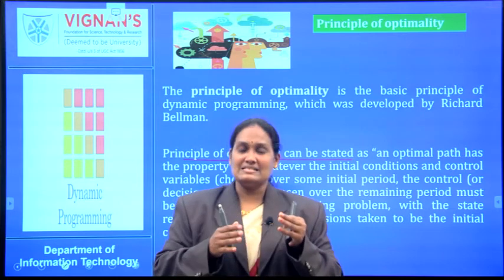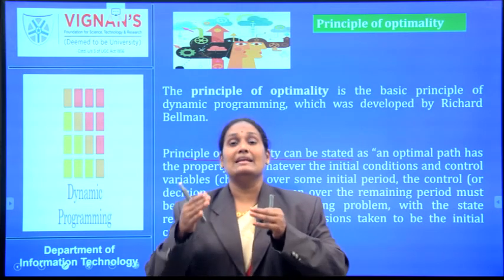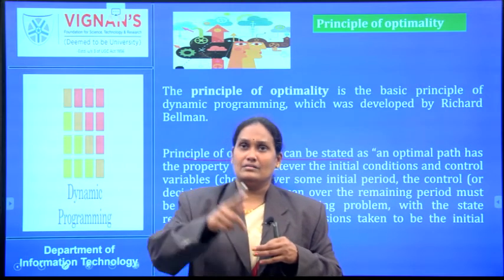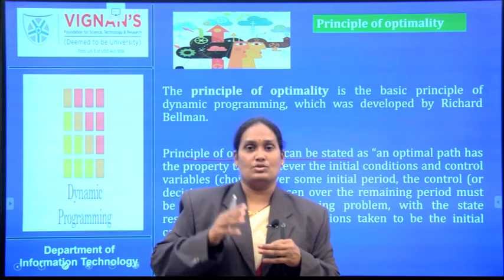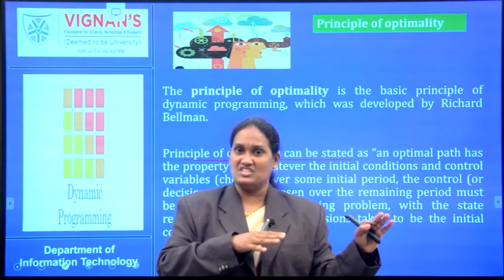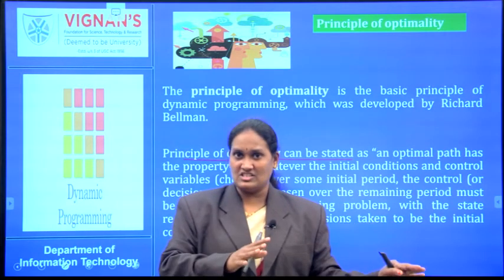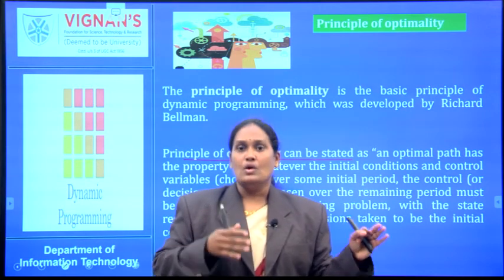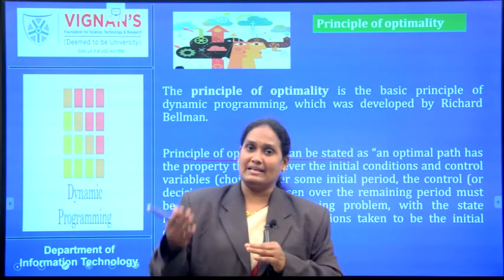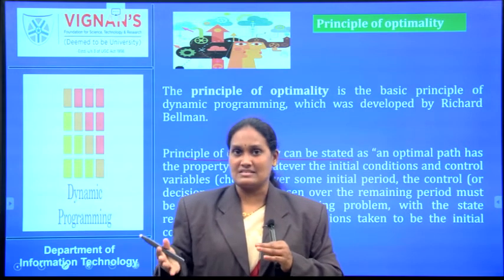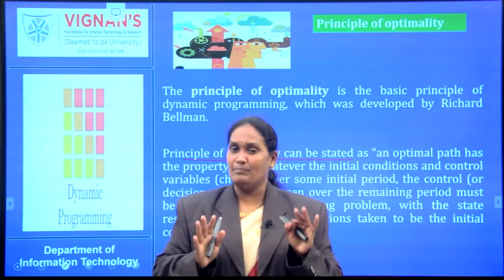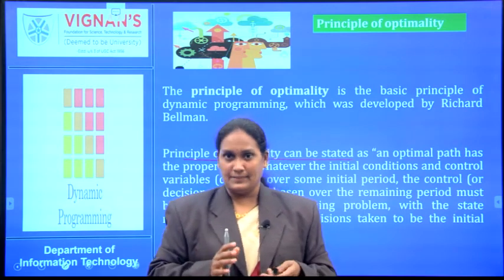The decisions you take in the later states should reach the optimal solution. Based on those initial states, the decisions you take in the next states should lead to the optimal solution. That is the principle of optimality.